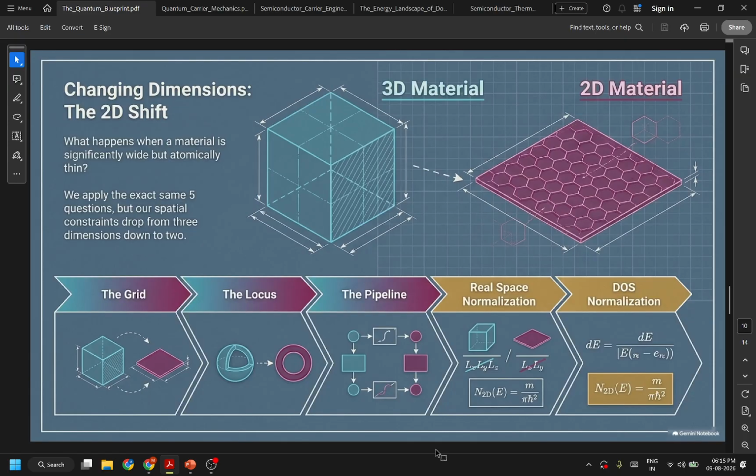So in two dimensions it is macroscopic, but in one dimension it becomes atomically thin, that is, it becomes a potential well. We apply the exact same equations, but our spatial constraints drop from three dimensions down to two, so from Lx Ly Lz it becomes Lx Ly.